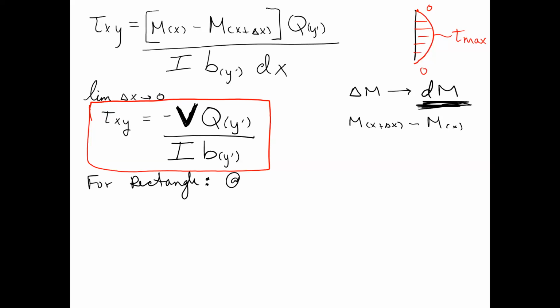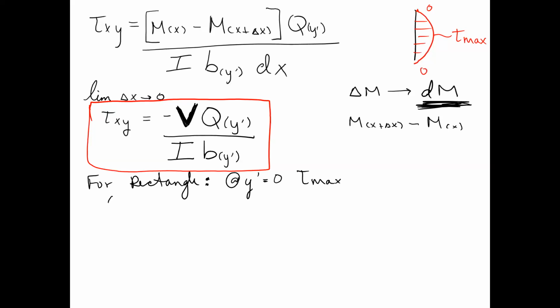Let's look in particular at the case of y prime equals 0, which means we're looking at our centroidal location, because that's where we're going to have the maximum shear stress. That may be a case we consider frequently.